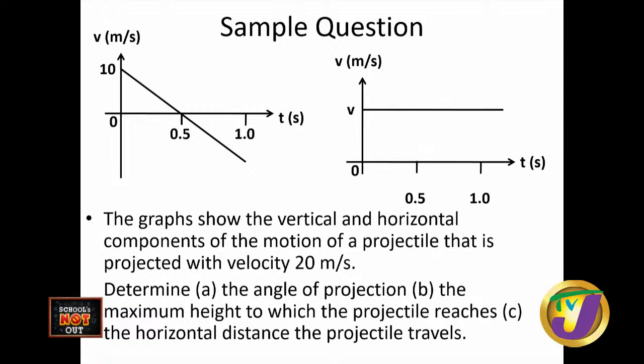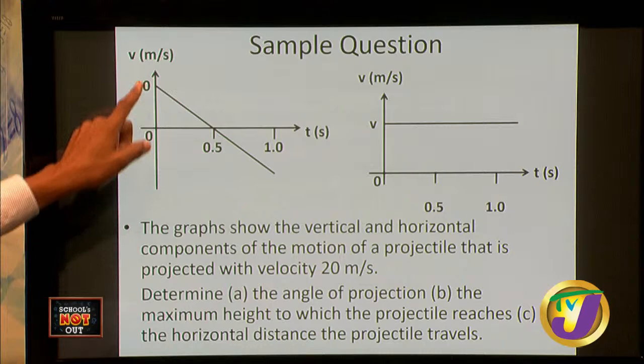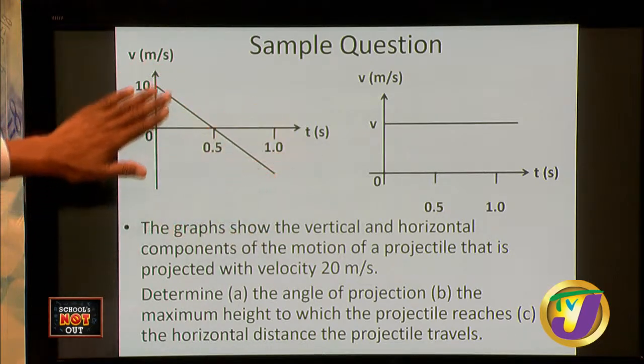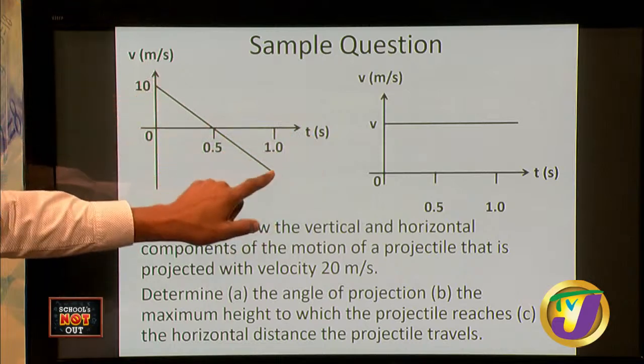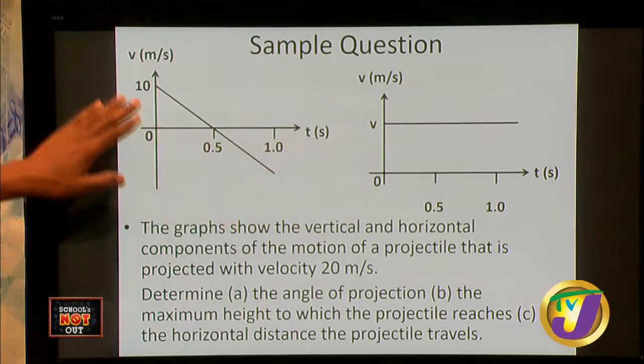So we see here this maximum velocity starts off with a velocity of 10 meters per second in the vertical direction, because remember, when we had color coded, this would have been yellow. This is your graph, and this here is some velocity v, which we will have to determine.